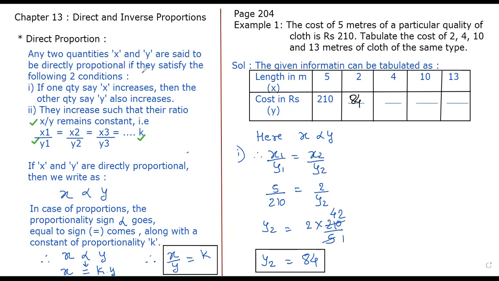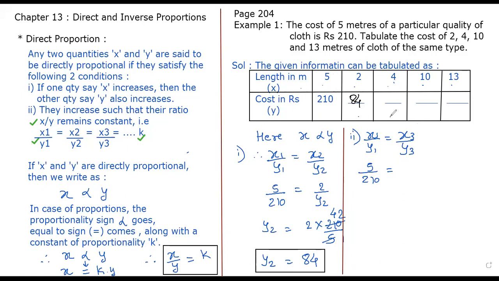Am I clear? Yes, sir. Again, x1 upon y1 will also be equal to x3 upon y3 because all ratios are equal. What is x1 upon y1? 5 upon 210. Keep one ratio constant. x3 is 4. Can you see this is x1, x2, x3, x4, and x5? Yes or no? Yes, sir.